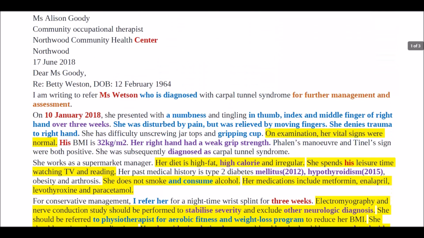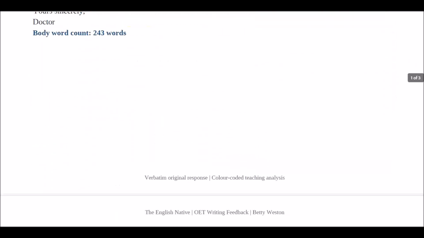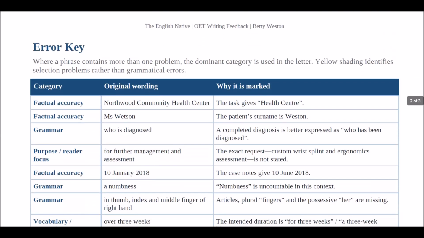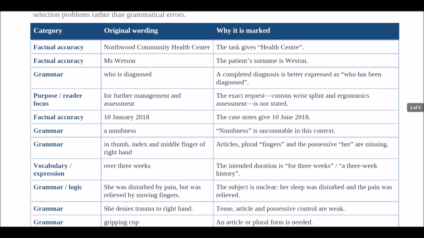As you can see, there's quite a lot of stuff here. The name's spelt wrong, grammar, vocab, etc. Again, I'm not going to look at those. The error key is here. If you want to do a complete analysis of this letter yourself, you can pause this video and scroll up and down.